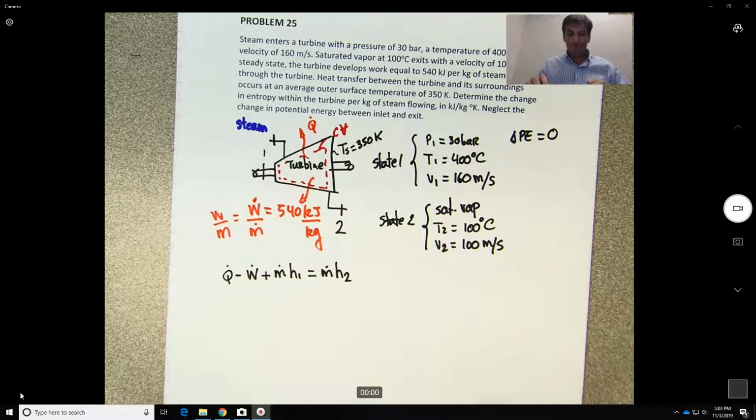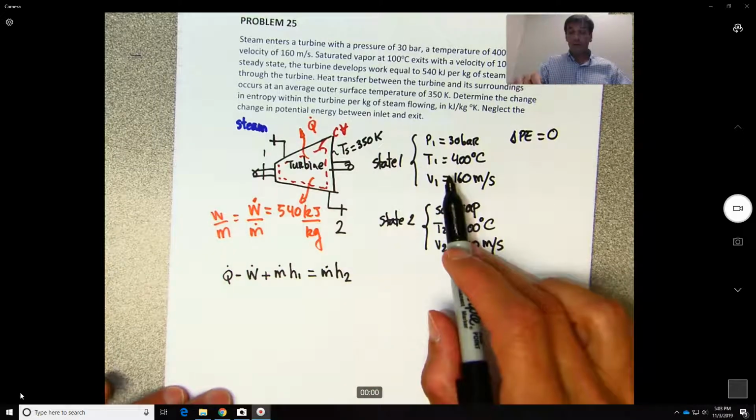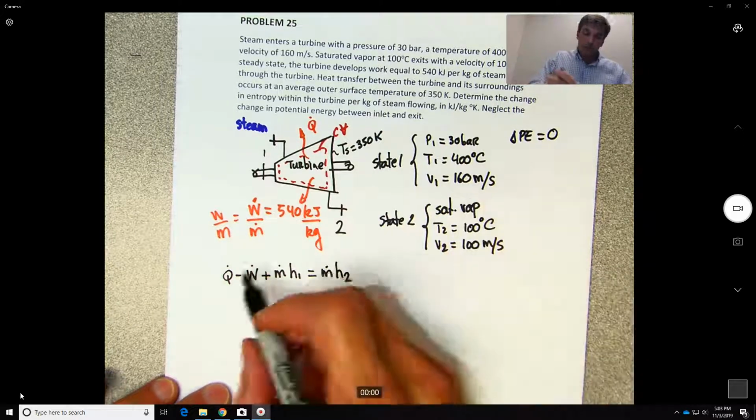Okay, and I forgot something here, so let me just rewrite it.